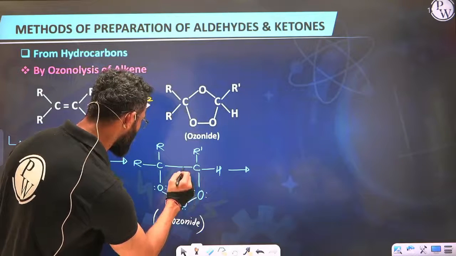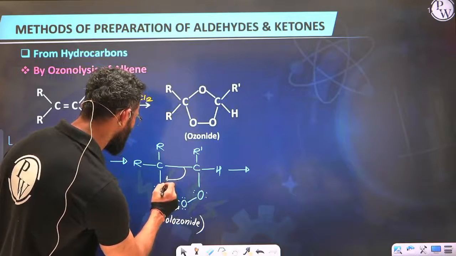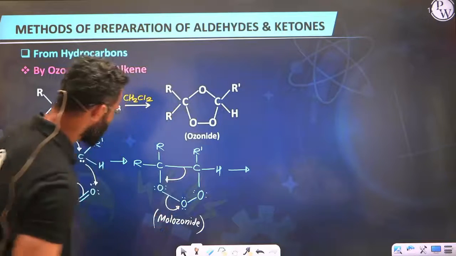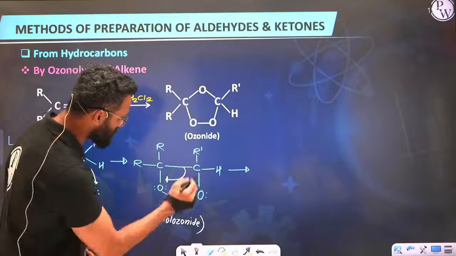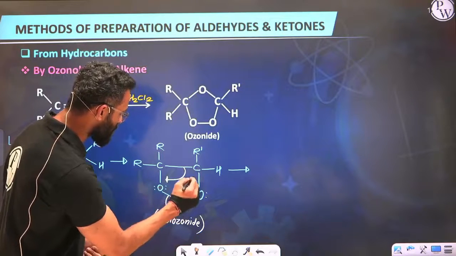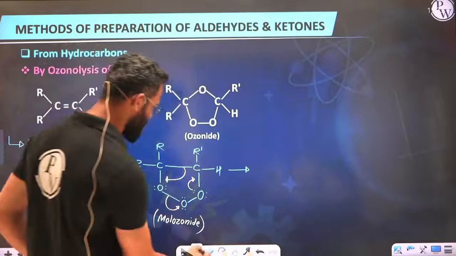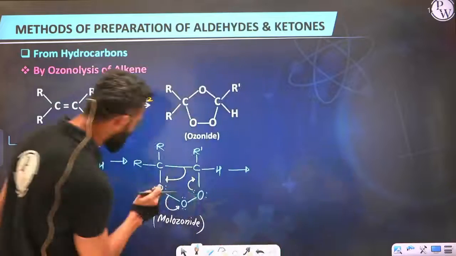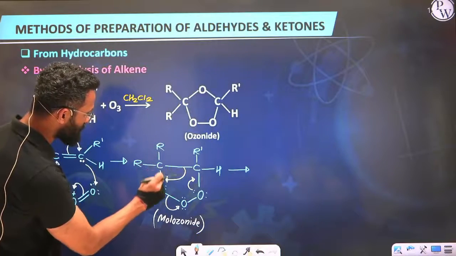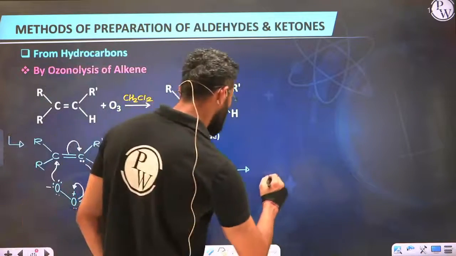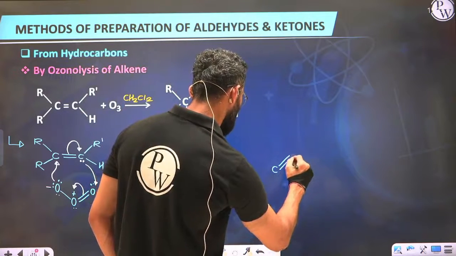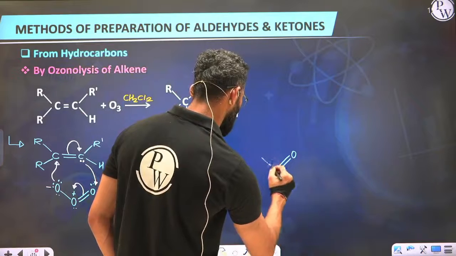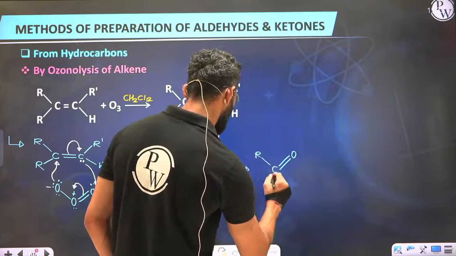This bond broke over carbon-oxygen, so you can see the development of a carbon-oxygen double bond. This carbon is becoming deficient, so the lone pair will delocalize. So what we have now: RCR double bond O, C double bond O carrying 2 R.